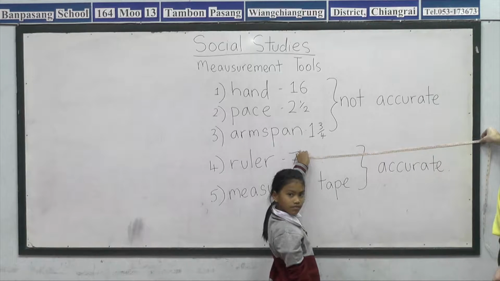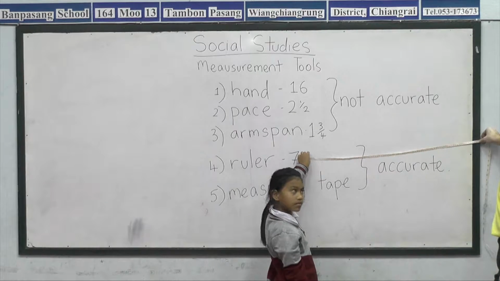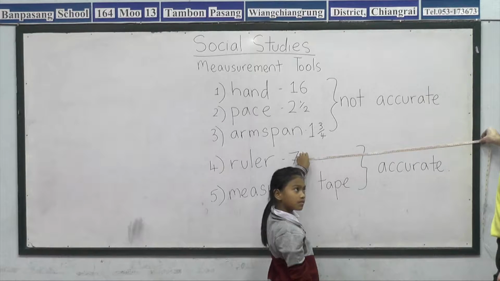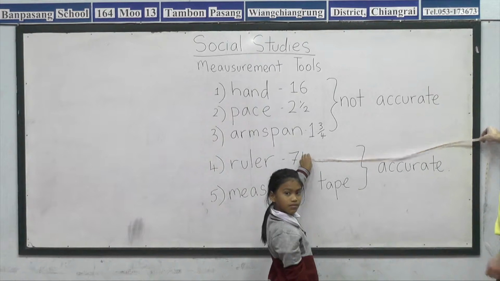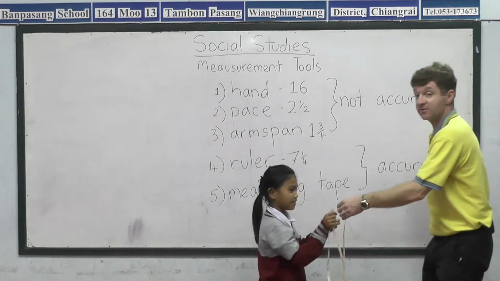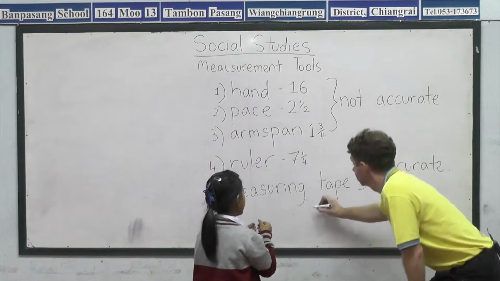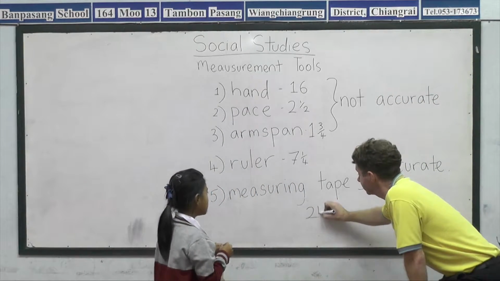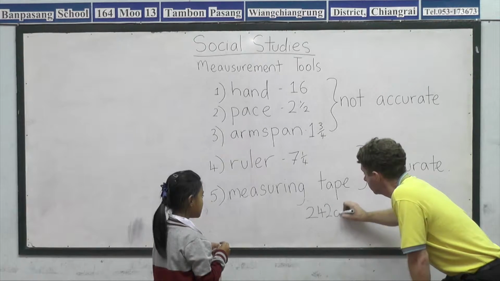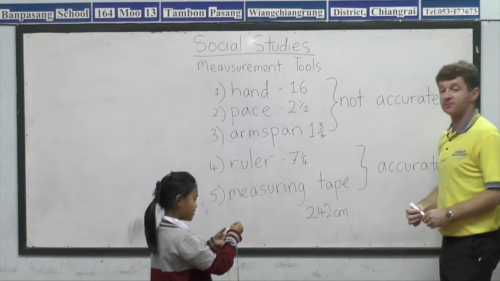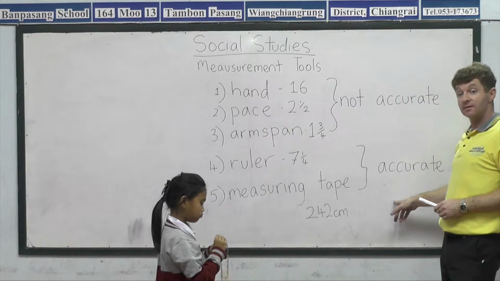What do we think? 242 centimeters. Okay? So we can write the distance here is 242 centimeters.